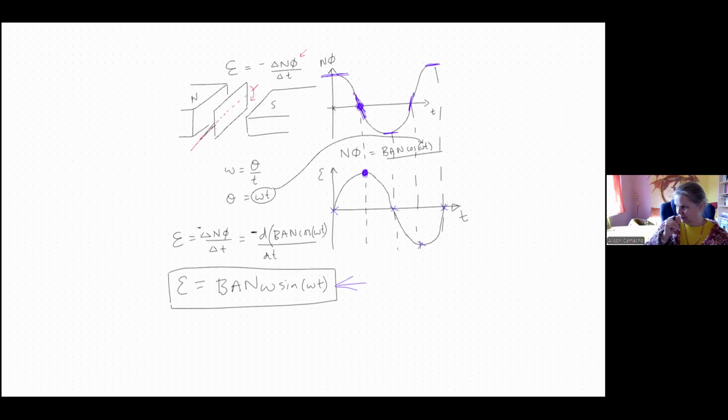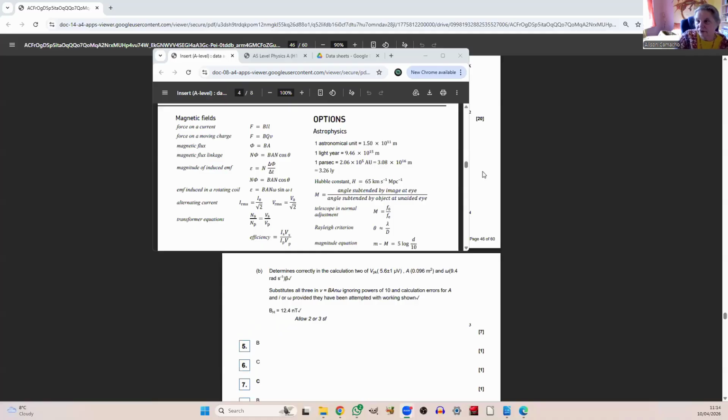So all you have to do is follow the equations on your data sheet if you've got them. I think they're certainly on the AQA one. So here, oh, you can't see that, can you? Because I'm not sharing my screen. So here, this V0 is your induced EMF, right?